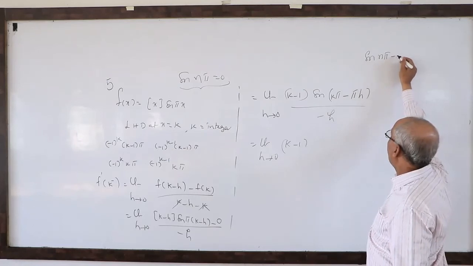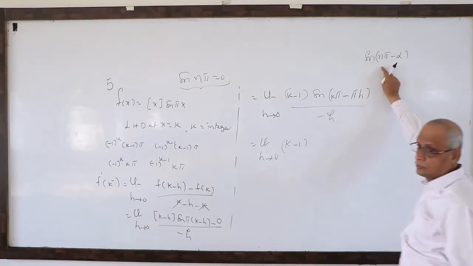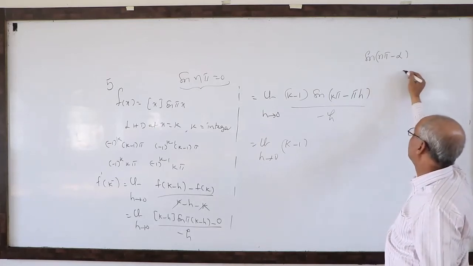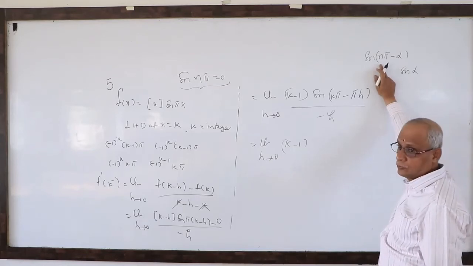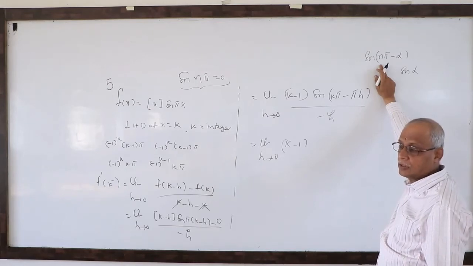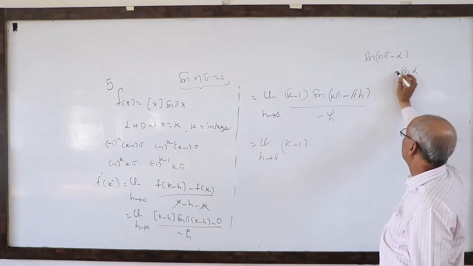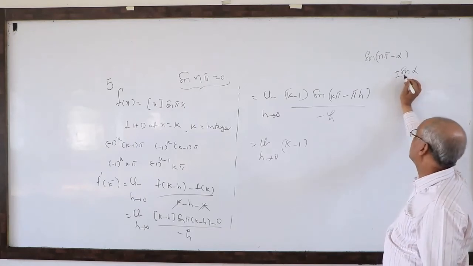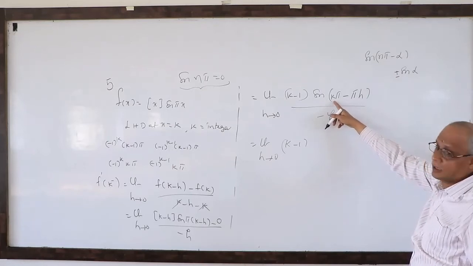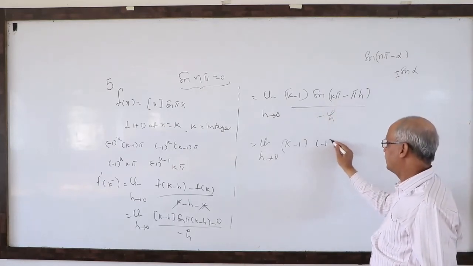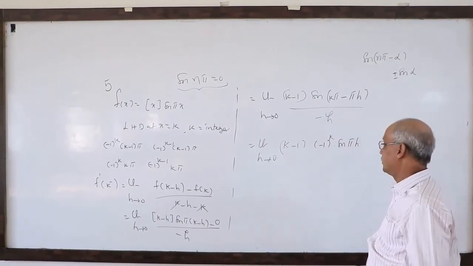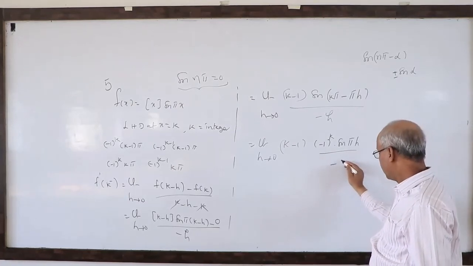Where n is 1, 2, 3, 4. Suppose n is 1, sin 180 minus theta is sin theta. Suppose n is 2, 2 pi minus alpha means 360 minus theta, fourth quadrant, sin is negative, so plus and minus alternatively. Then how to write it? Minus 1 power k, sin pi h by minus h.